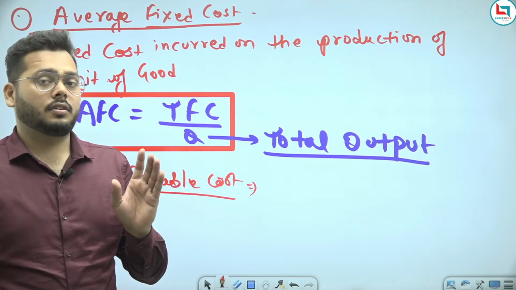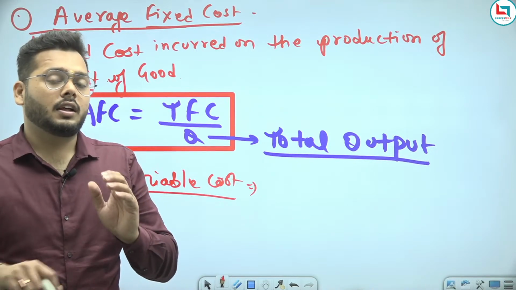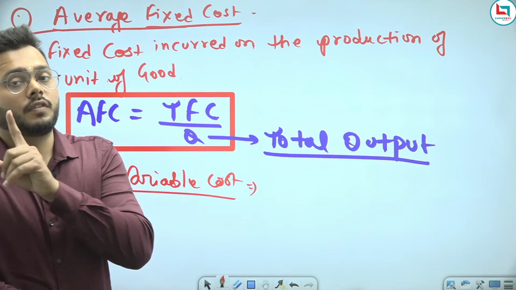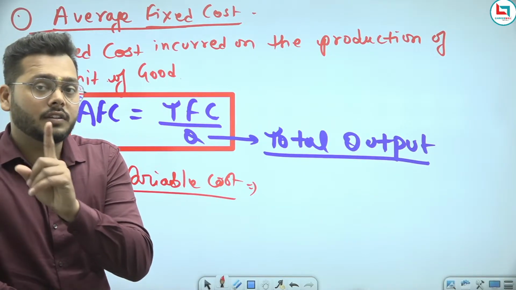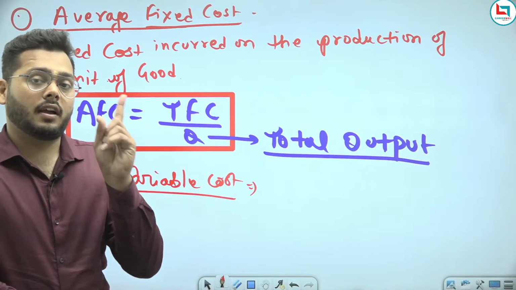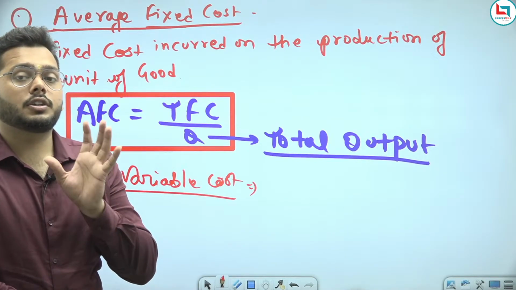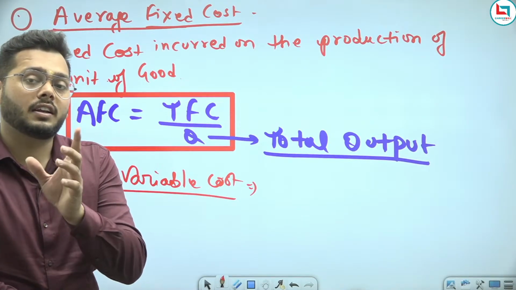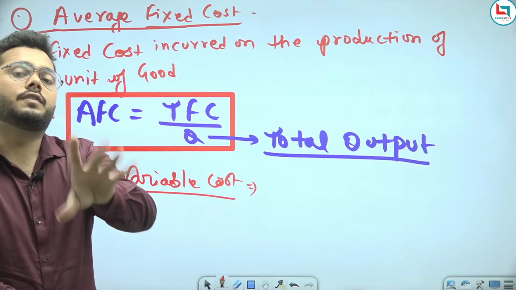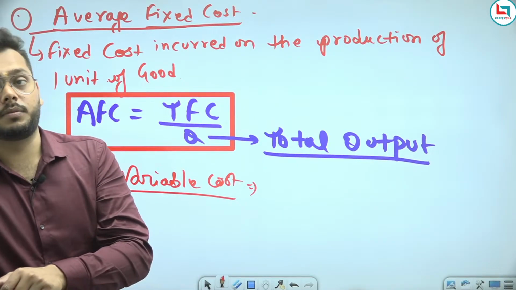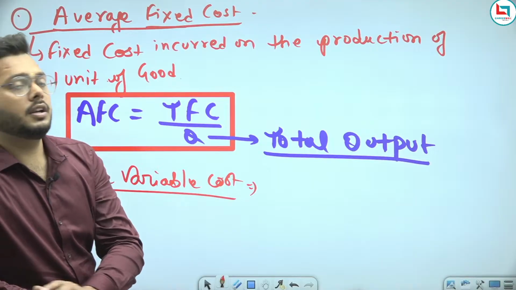As you have understood, the total amount of fixed cost incurred on the production of one unit is the average fixed cost. Here, average variable cost is whatever the total amount of variable cost incurred on the production of one unit. This is what is called average variable cost. Have you got the point?